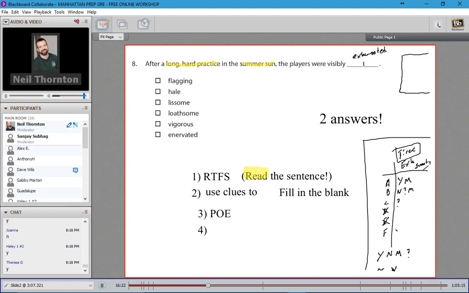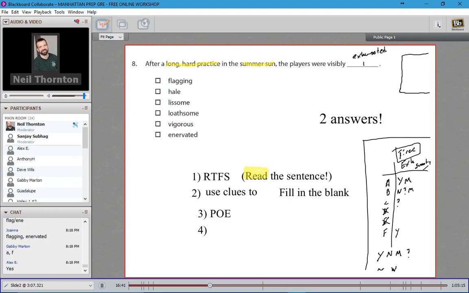Yeah, all right, cool. So we have to pick how many answers? All right, we got to pick two. Right now, without overworrying about it, which two seem pretty solid to you? All right, flagging and enervated.